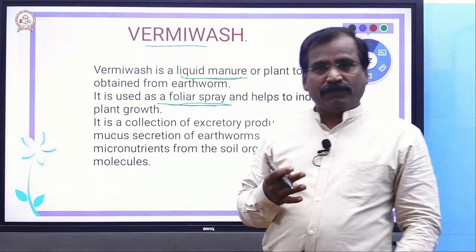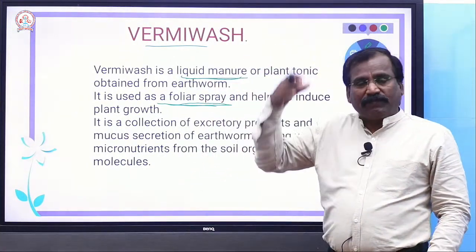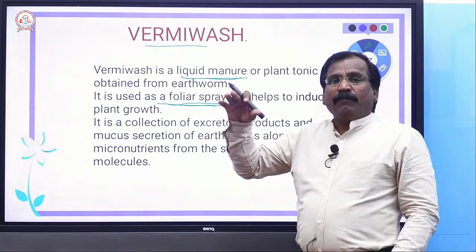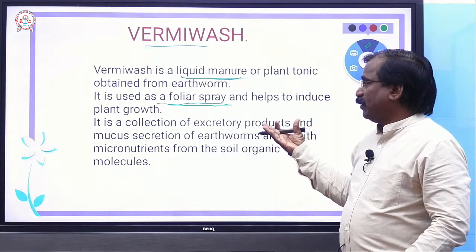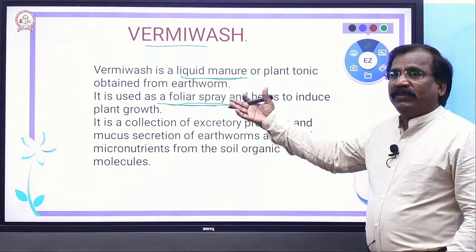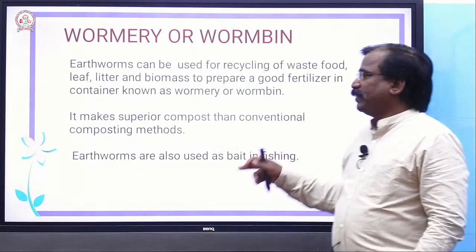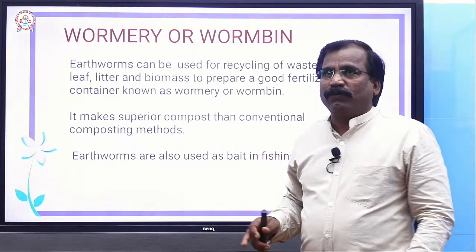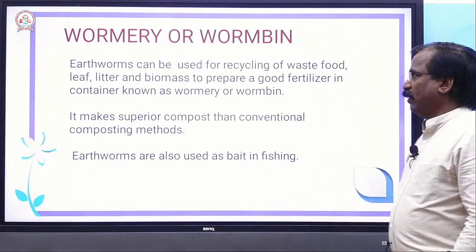So the vermi wash contains all the micronutrients and these enzymes and hormones. This way it is an effective manure applied as a spray, a foliar spray. Foliar is a green leaf able to synthesize food. That green leaf is simply called foliar.